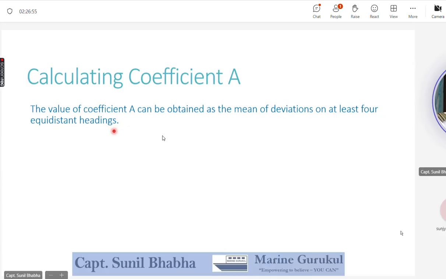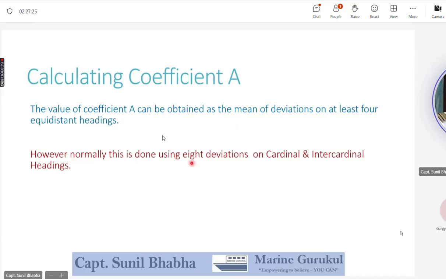Let's now take the ship on an easterly heading, note down the deviation, then southerly heading and westerly heading. So all the 4 cardinal headings, we swing the ship, take it to the 4 cardinal headings, and we note down the deviation on these 4 headings. Now, once you take a mean of these 4 deviations, it gives you the value of coefficient A for that particular ship.